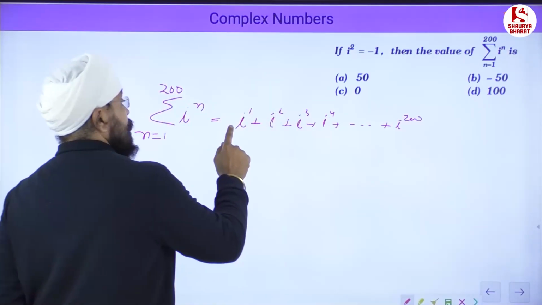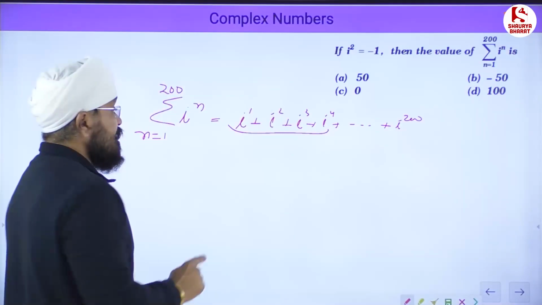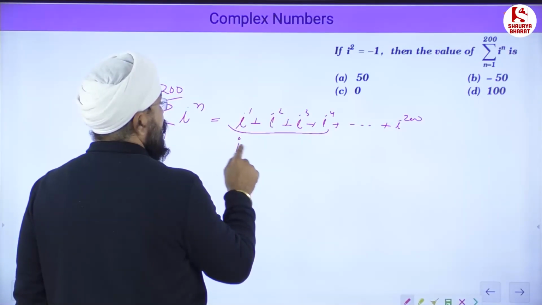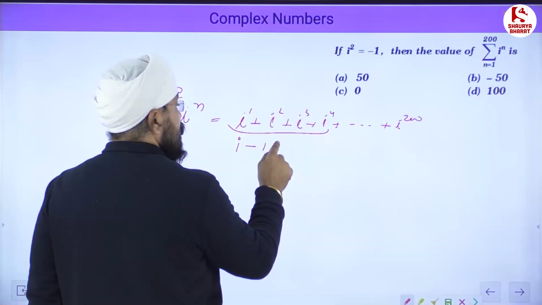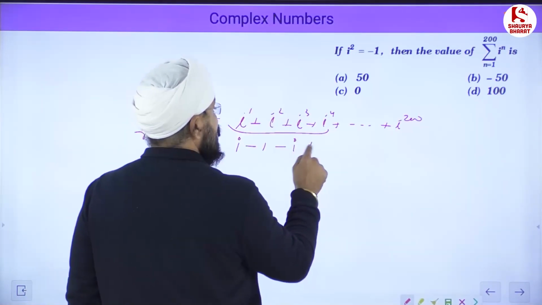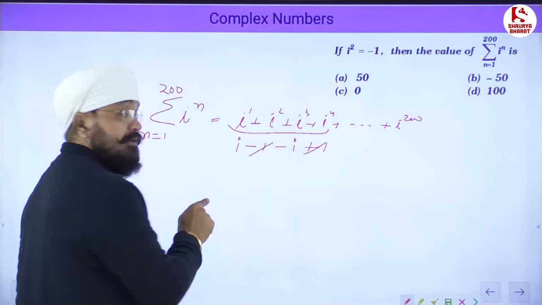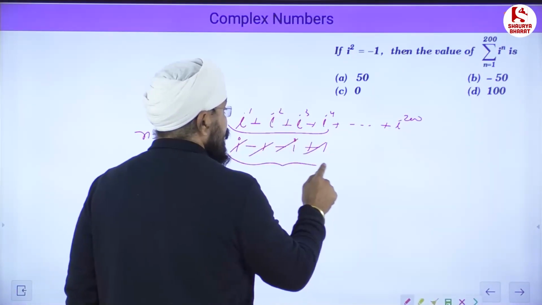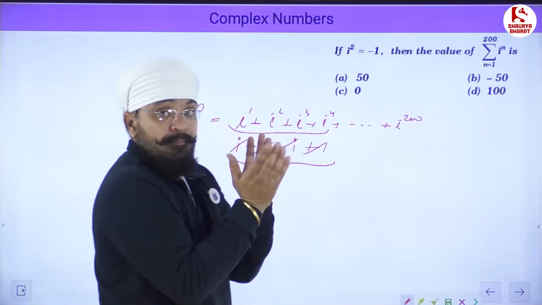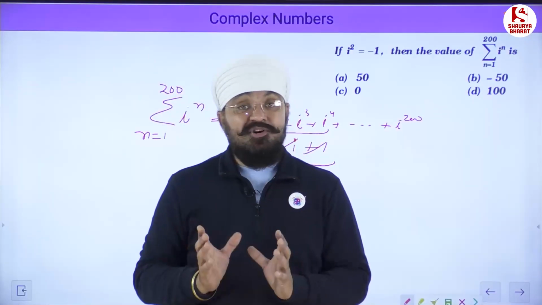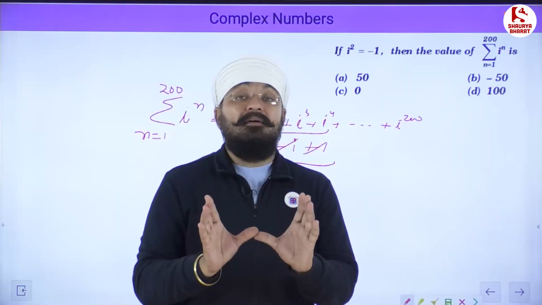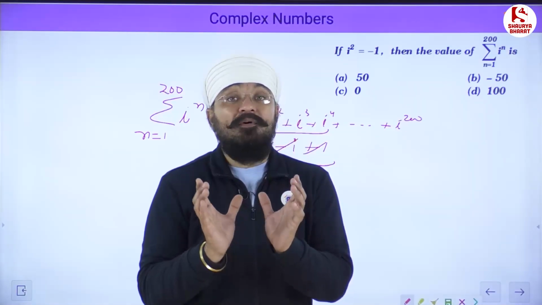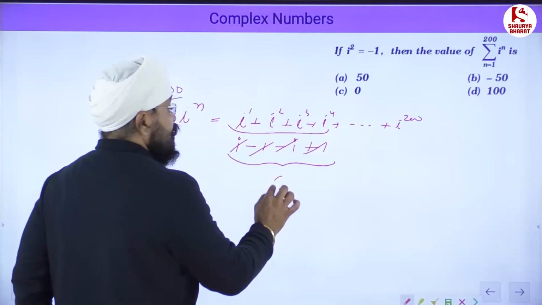Now if I just take a pair of 4, you can see that here we are getting iota. This one is minus 1, this is minus iota, and this term is plus 1. So plus 1 minus 1 getting cancelled, iota minus iota getting cancelled. So when we take the natural numbers 1, 2, 3, 4, that is taking a group of 4, 4, 4, 4, the result we are getting as 0.